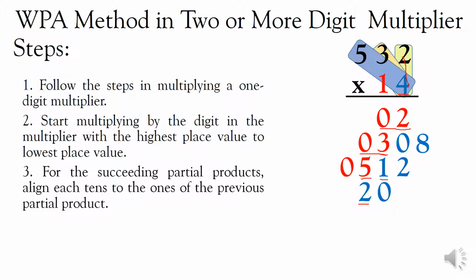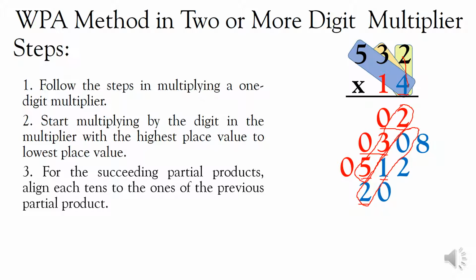As we can see, we are exactly following the third step, where we align the tens of the succeeding products to the ones of the previous partial products.